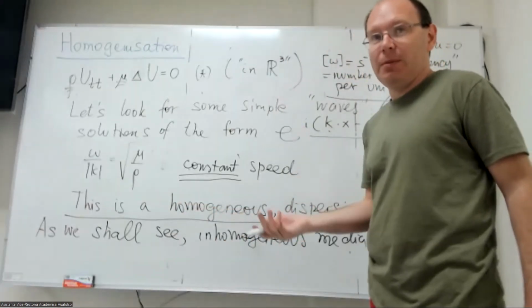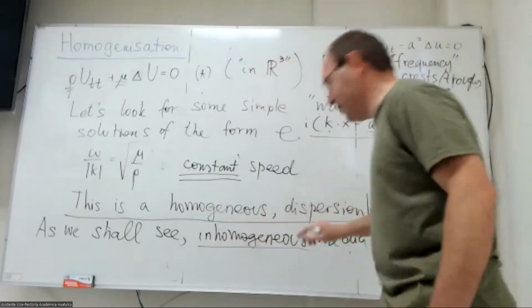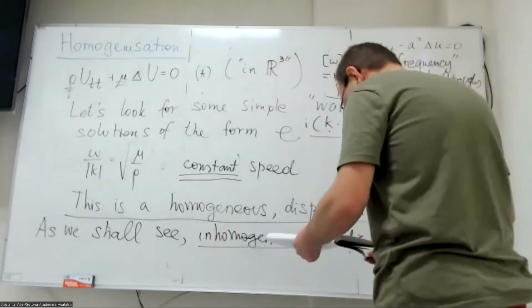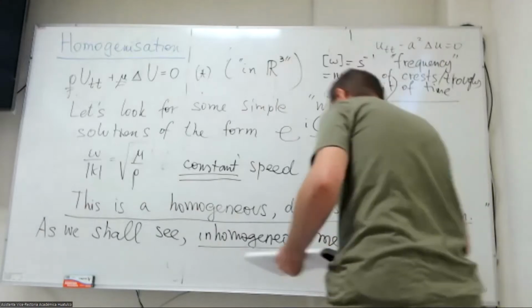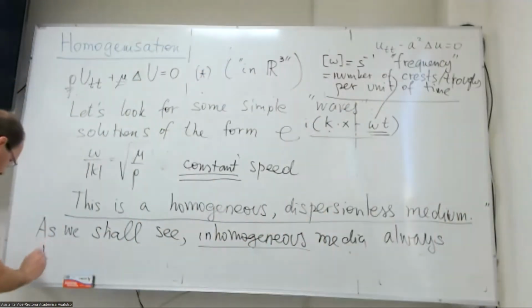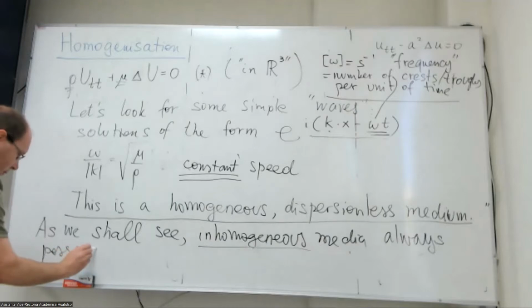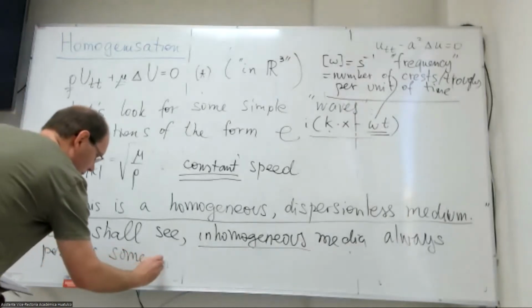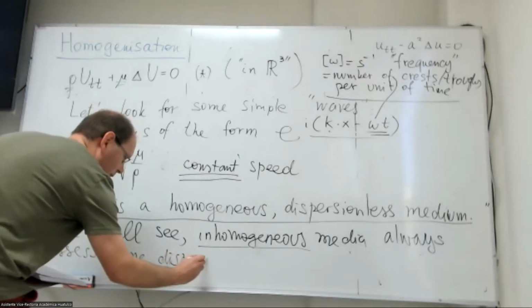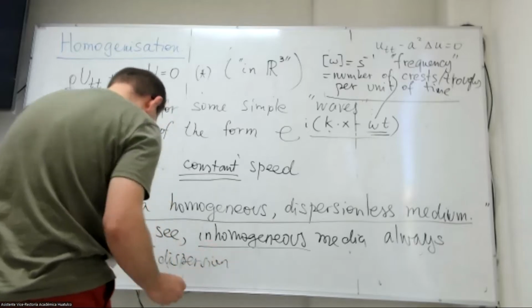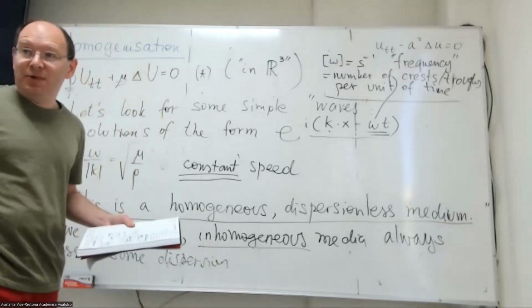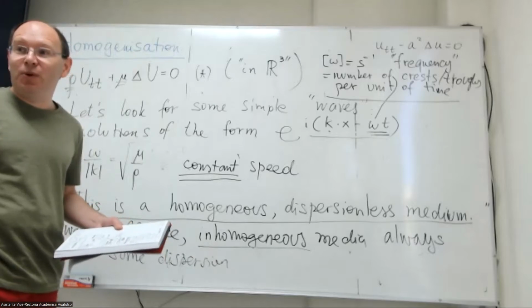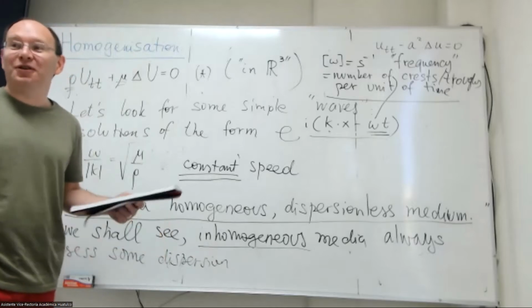That's what the inhomogeneous stands for. So inhomogeneous media always possess some dispersion, and strongly inhomogeneous media even possess something that we would like to think of as strong dispersion.